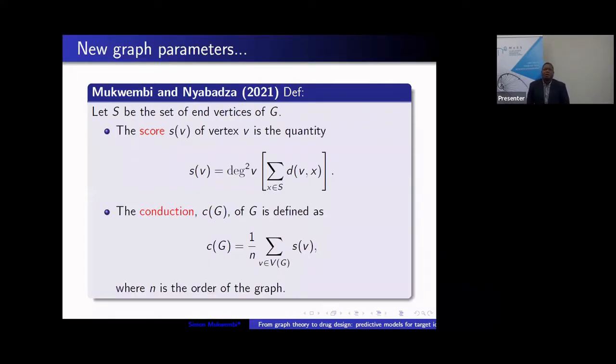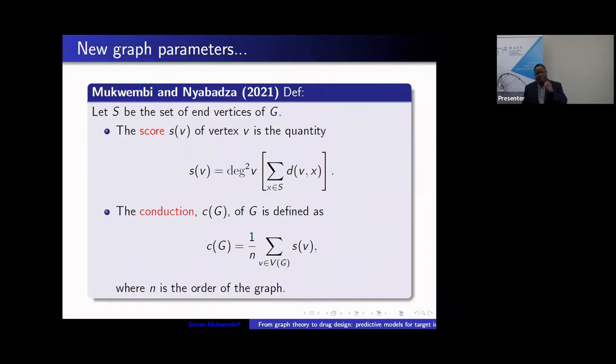Now, for us to be able to predict the boiling point of alkanes, having our graph as the representative model of our alkane, we now want to develop parameters that will capture some of the structural properties of the graph, and that can play as a foundation to our model for predicting the boiling points.